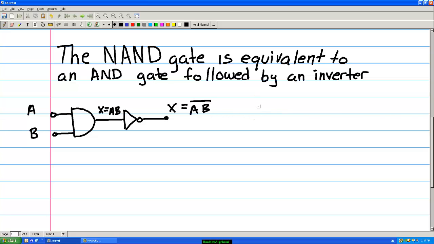So remember, the truth table for an AND gate is A and B. It produces a 1 only when both inputs are a 1. So if this is X, this is 0, 0, 0, and 1.